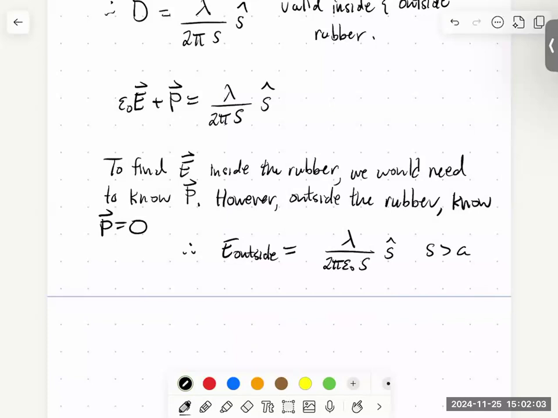So if it's polarized, then there's some surface charge on the outer surface. There's going to be some corresponding surface charge on the inner surface right beside that wire that cancels that total bound charge. And so the electric field outside is not changed. It's only inside the polarized material where we see the change. Okay, good.